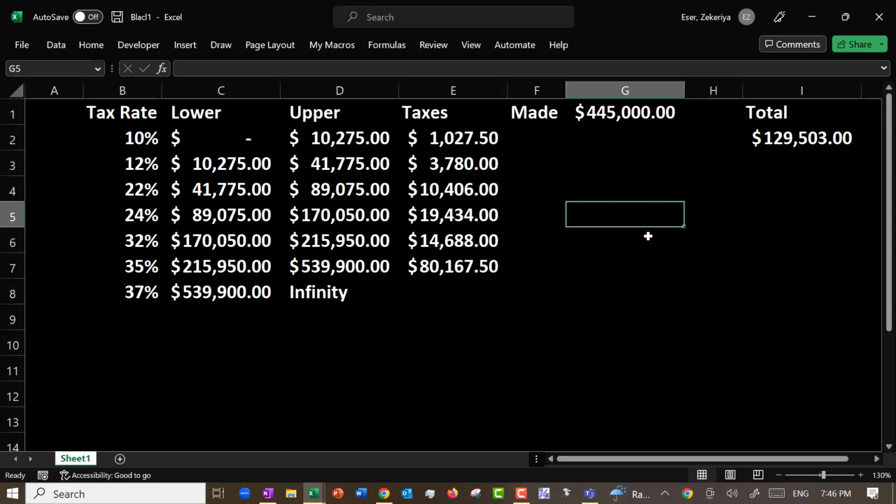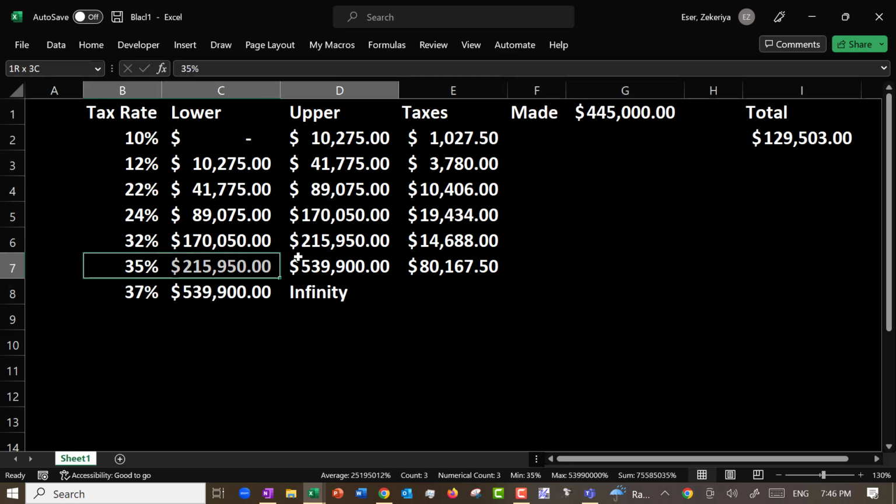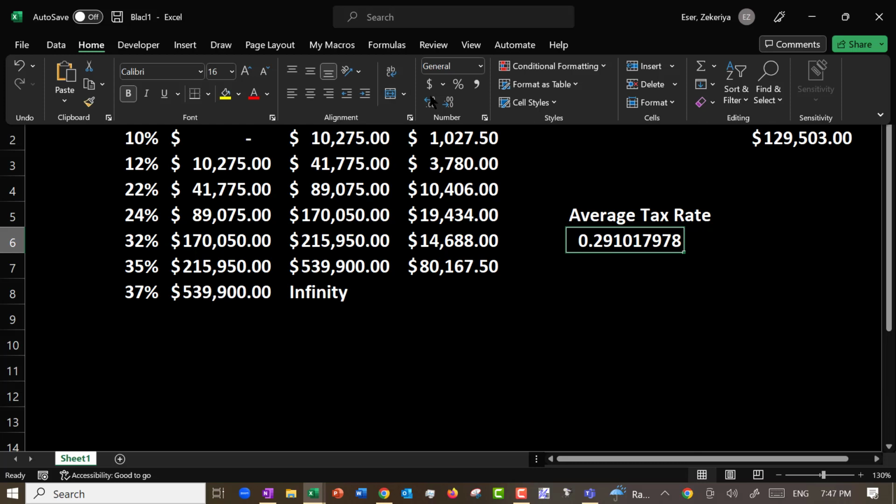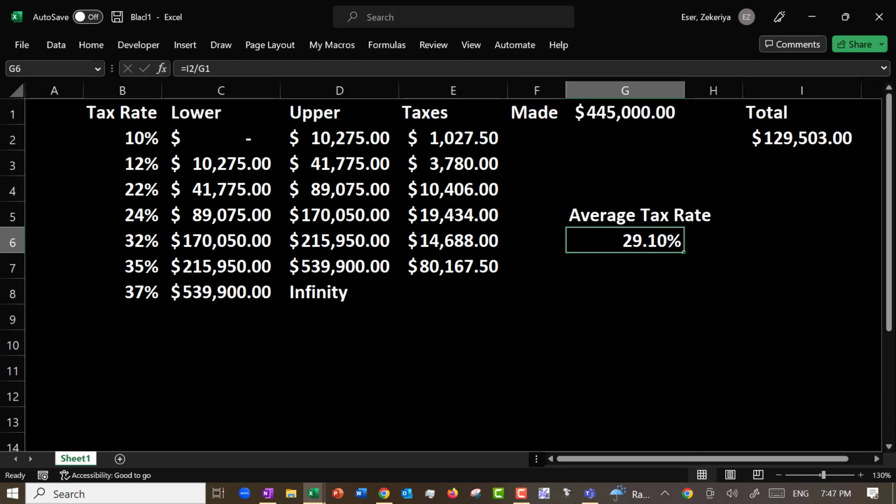You're going to pay that much in taxes. So your marginal tax rate is 35 because you're in that bracket, but your average tax rate, total taxes divided by taxable income, 29. So just because your marginal is 35 doesn't mean on average you pay 35.